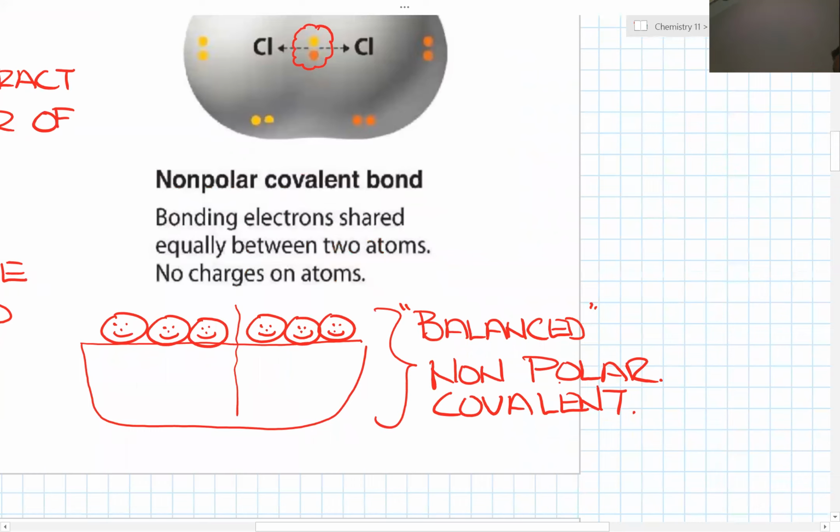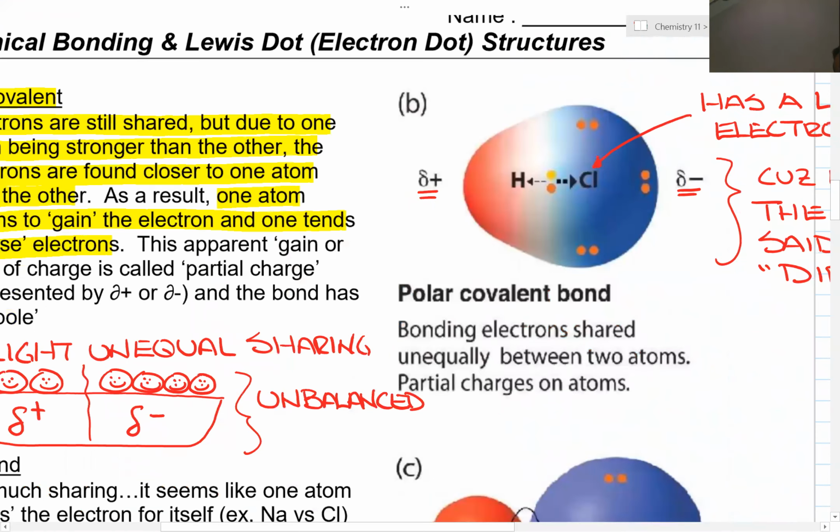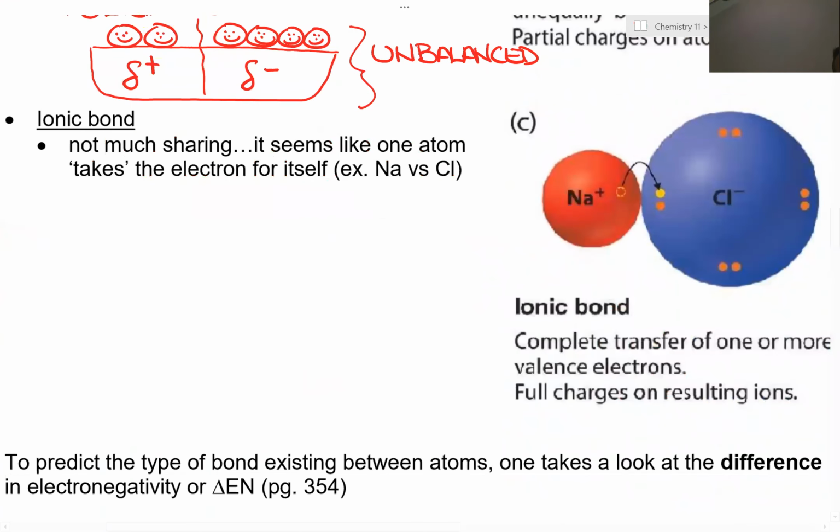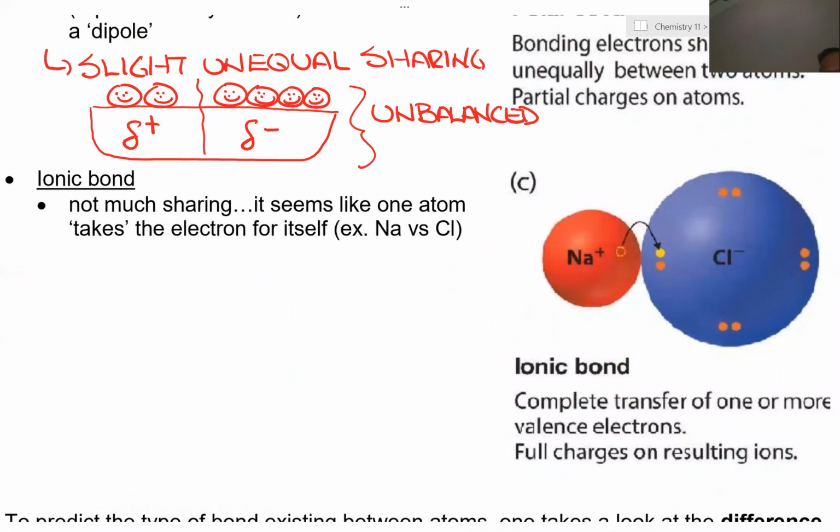Okay. All right. The last one, ionic bonding, is not much sharing. It seems like one atom takes the electron for itself. So for ionic bonds, there's not much sharing.